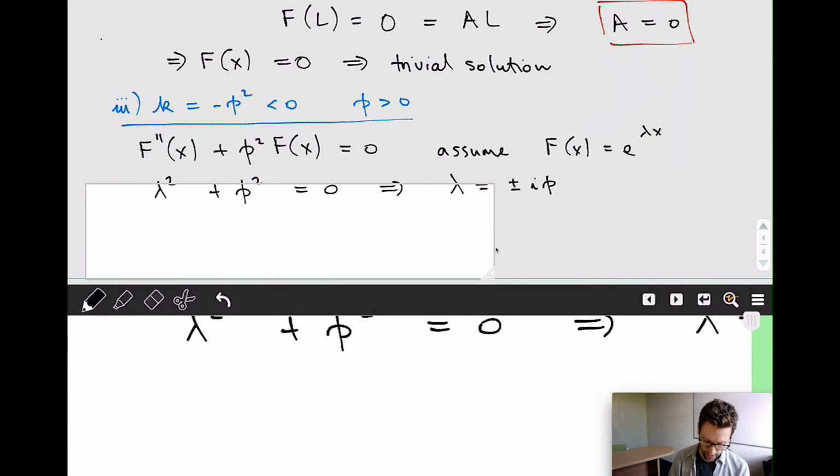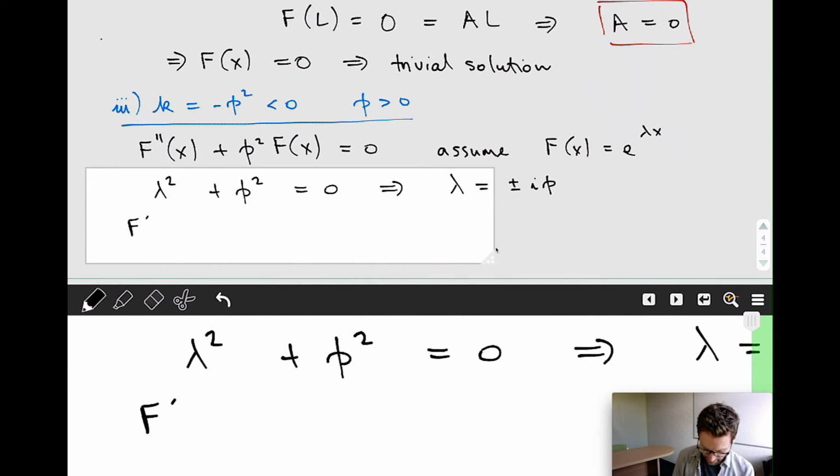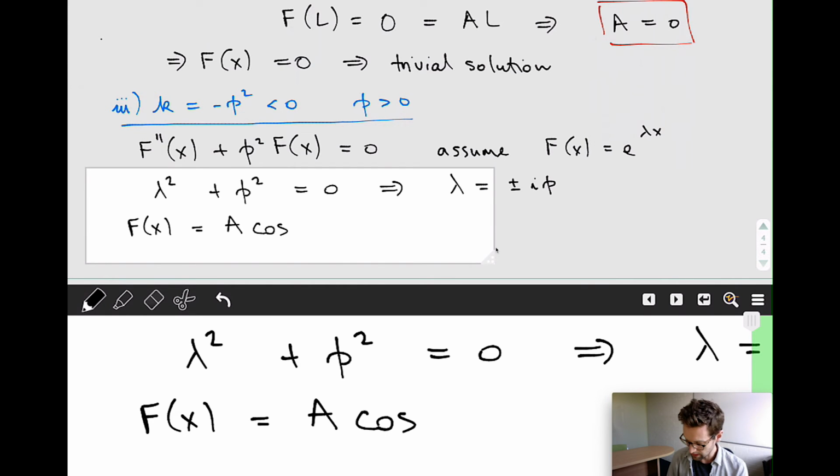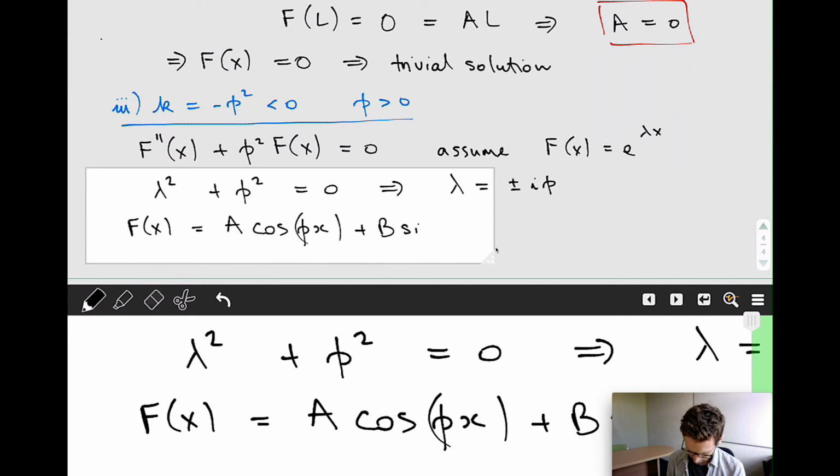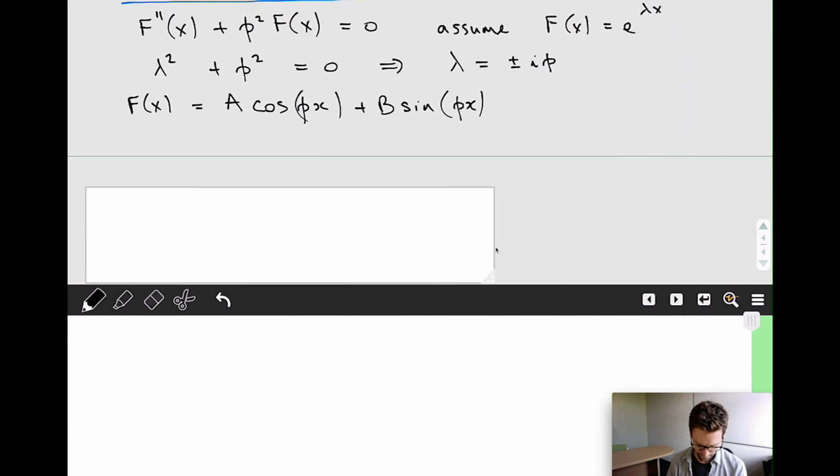So that means that my solution f of x is the sum of cosines and sines, where again I have unknown constants a and b, which I'm going to fix using the boundary conditions.